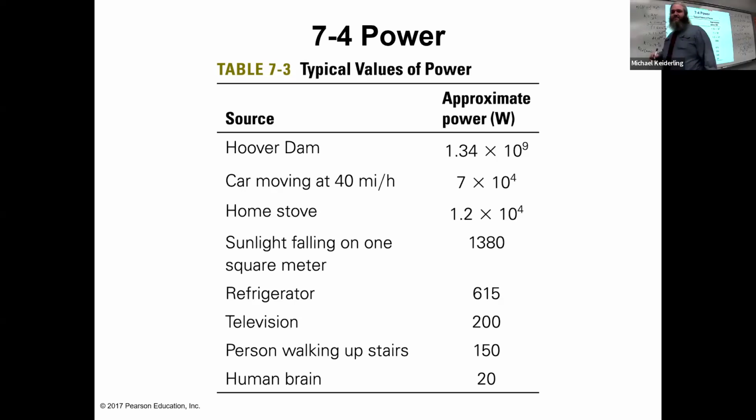Refrigerators are weird because they're on part of the time and off part of the time, and that number might be a little dated. A television uses around 200 watts. A person walking up the stairs uses about 150 watts. The human brain uses about 20 watts.